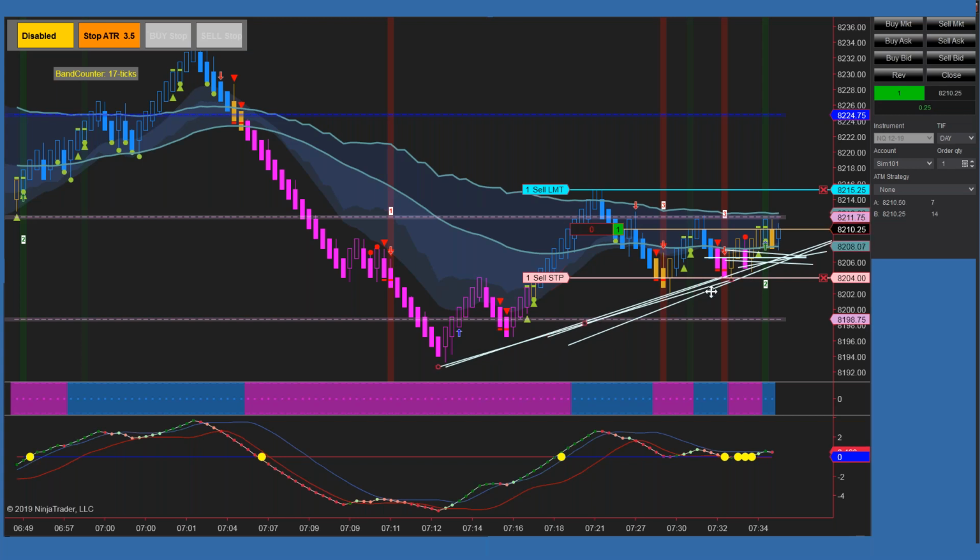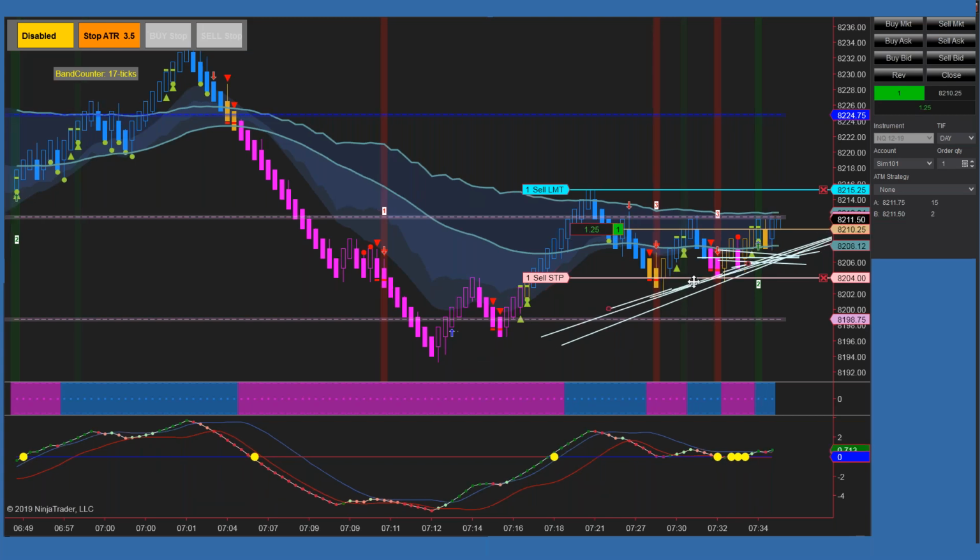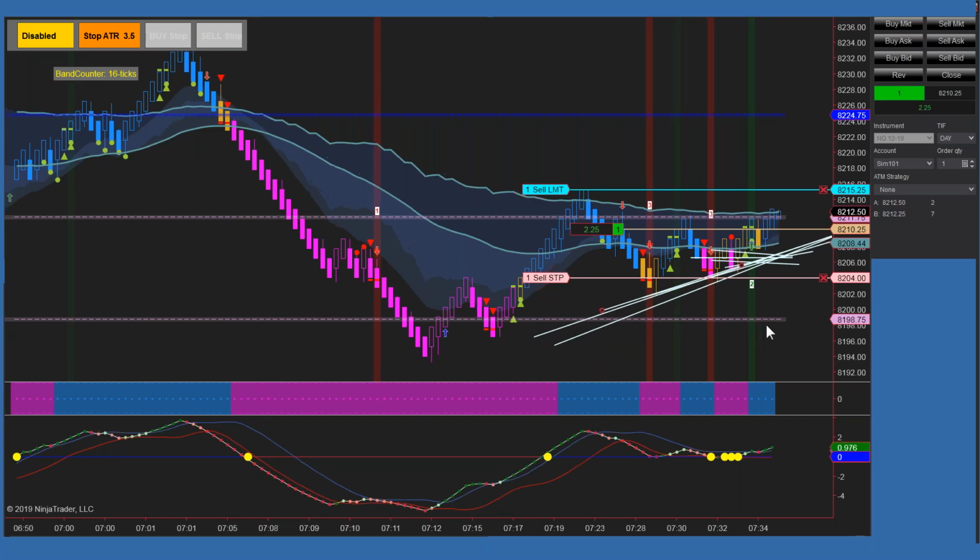See, most people don't know this, but this is actually how trading is done. It's whoever can put the most lines on their charts. Come on, one more bar.